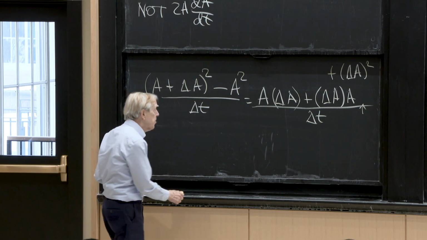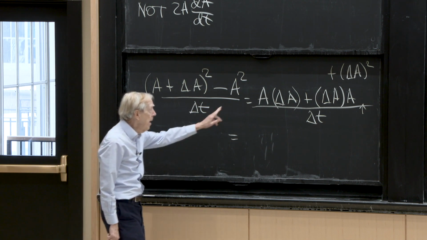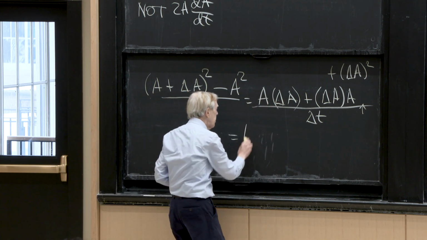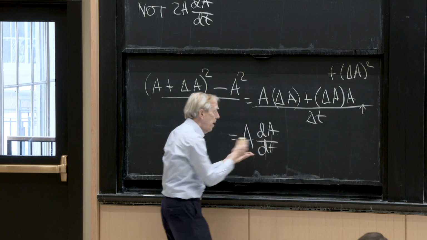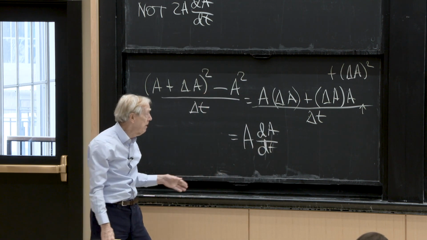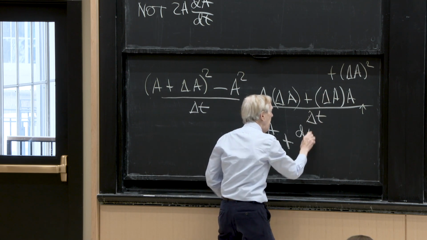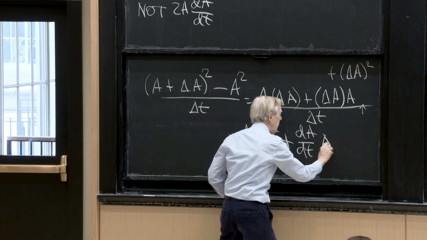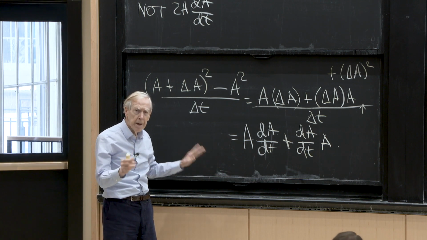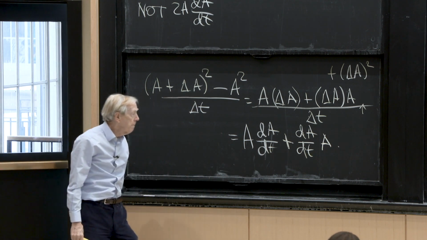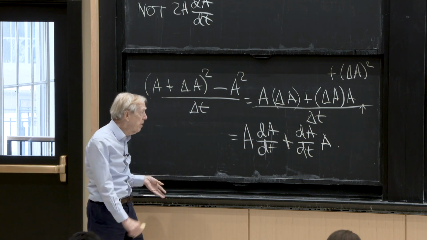So now what answer do I get as delta t goes to 0? I get A dA/dt. That's the definition of that ratio going to dA/dt. That's the whole idea of the derivative of A. And now what's the other term? It's dA/dt times A. So it was simply that point that I wanted you to pick up on, that the derivative might not commute with A. Matrices don't commute in general.